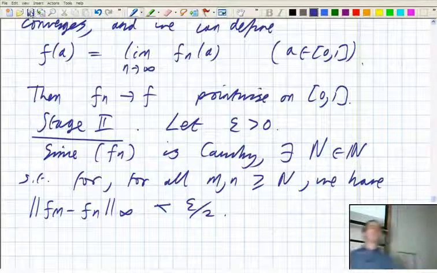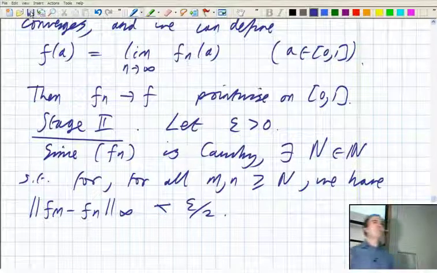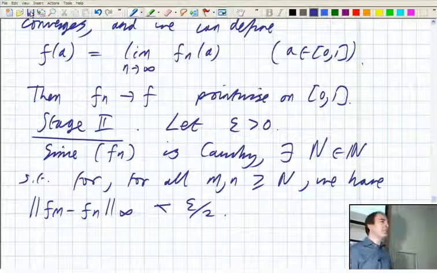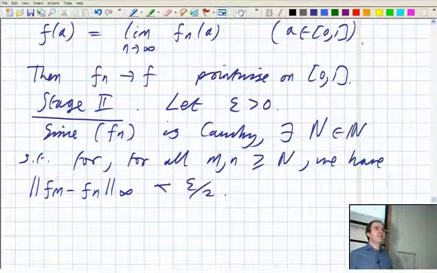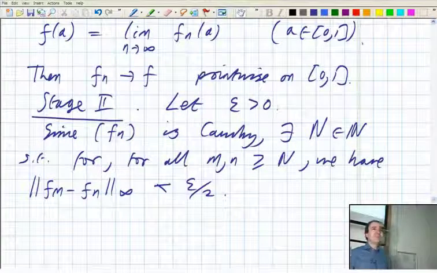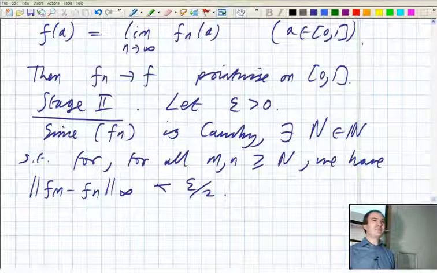Just to give myself a bit of extra room. If you do epsilon, what happens later is that something ends up less than or equal to epsilon. The problem with using strict inequalities and then taking limits is that they can become non-strict. So I've gone for epsilon over 2 to make sure that I end up less than epsilon in the end. But if you're happy with less than or equal epsilons, then you don't have to bother with that.